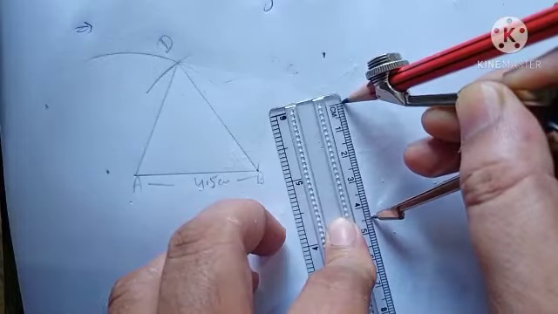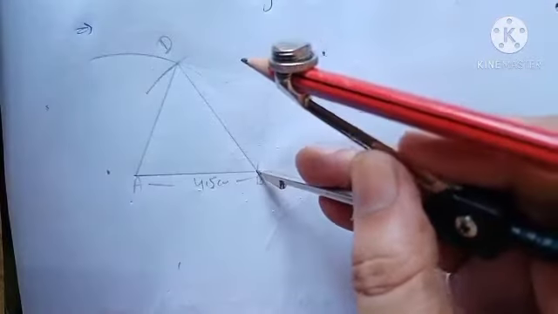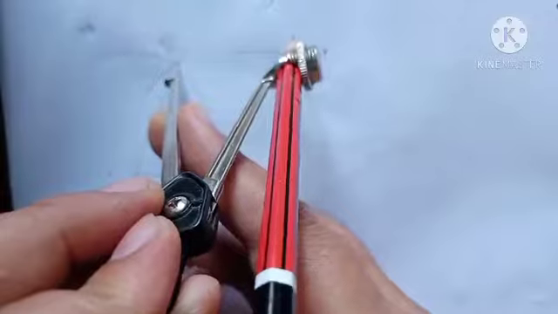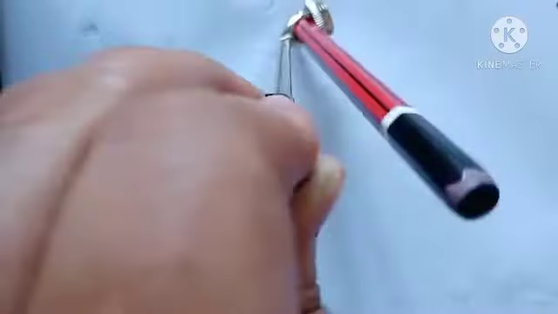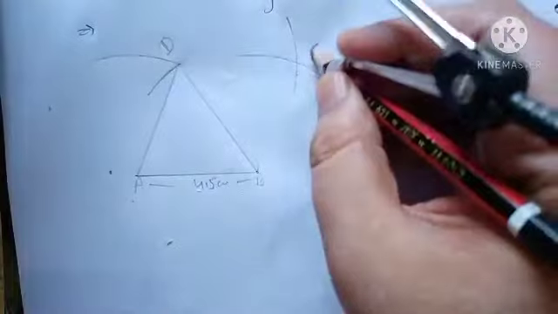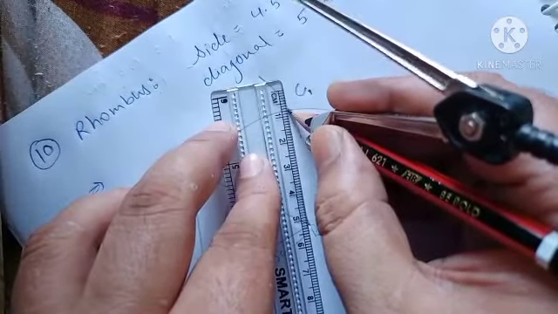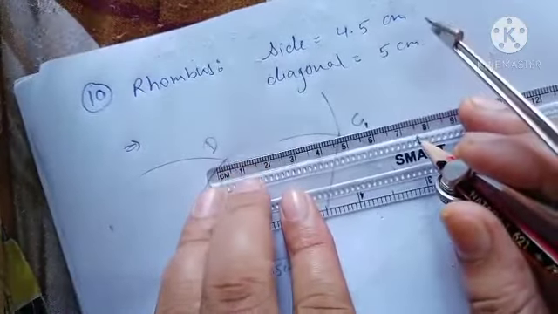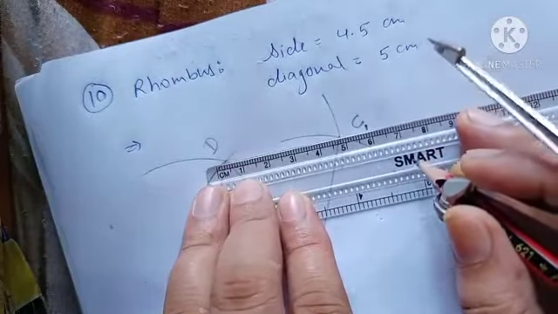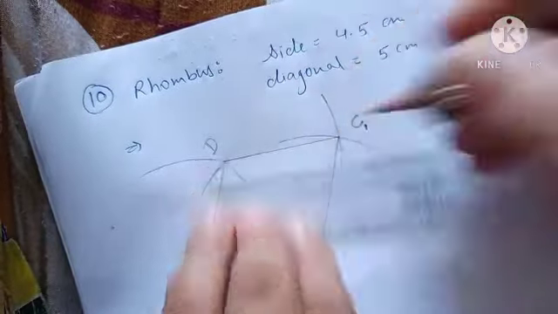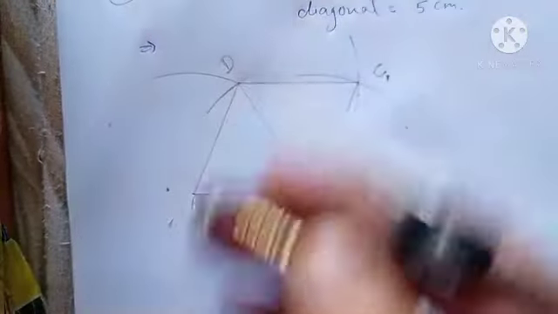We will draw an arc, and with center D and with the same radius, we will draw another arc which will meet the previous arc at C. Now we will join BC and CD. So now it is the required rhombus ABCD.